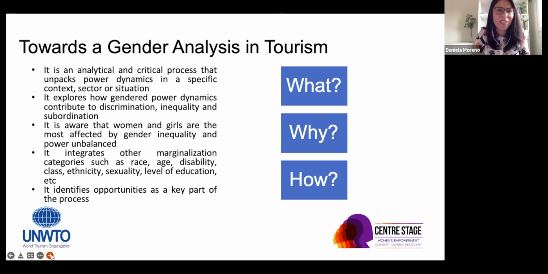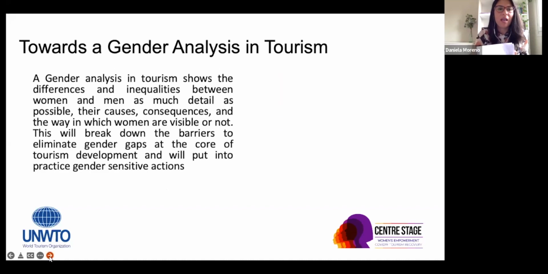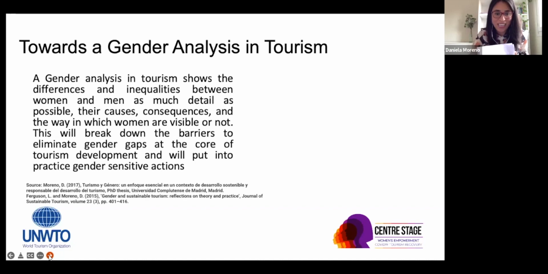So let's continue. I would like to offer you today this definition of gender analysis in tourism. This definition comes from the field, and it is the one I use when I have to draw up a gender analysis in tourism. I'm going to read it out.